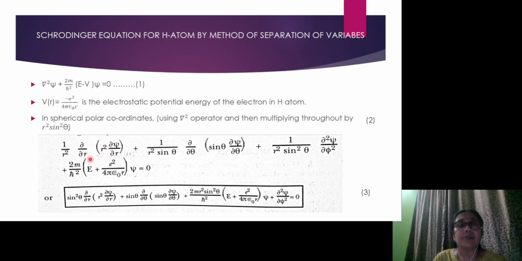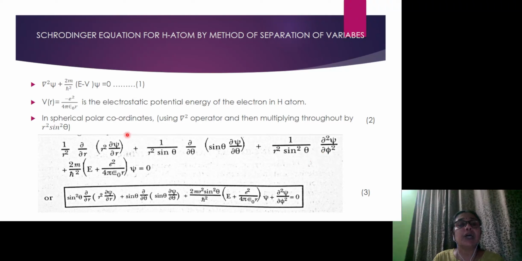So this del by del r will be operating on this particular term. Similarly, this del by del theta will be operating on this multiplication, whereas here there is just del square psi by del phi square. So if we can get rid of the terms containing r and theta, then there will be just a partial derivative with respect to phi.